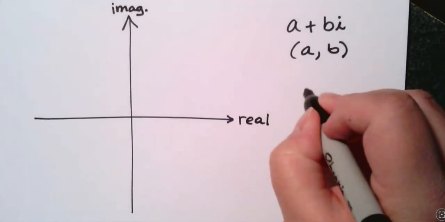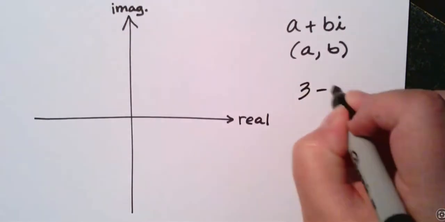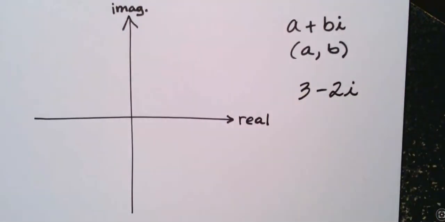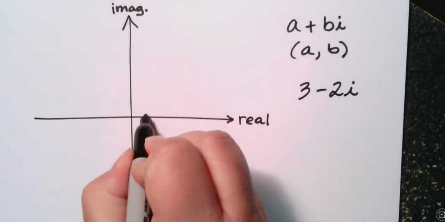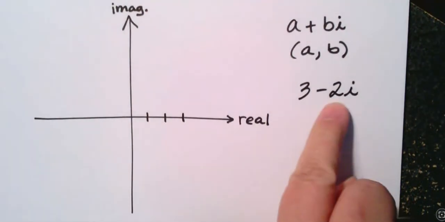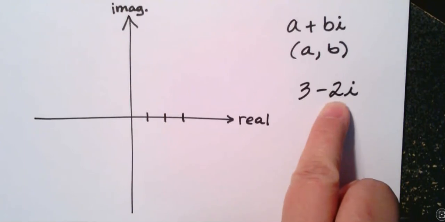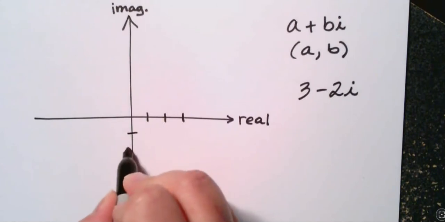So for instance, if we had the point 3 minus 2i, this is a positive 3. That's the real part. So I go 1, 2, 3 on the real axis. The imaginary part, and it's the number in front of the imaginary part, is the negative 2. So on the imaginary axis, I go down 2.